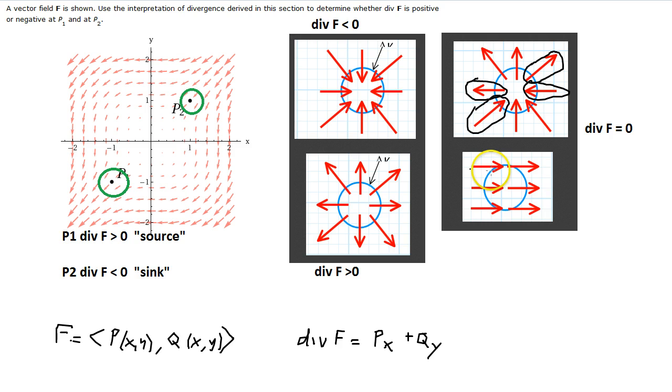And then this vector field here would be something where there is no j change, and there's only a constant i change. This guy would be a divergence of 0. Here's an example of the vector field.